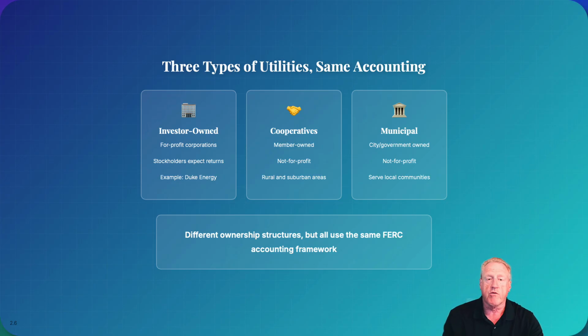Electric co-ops follow what we call the Rural Utilities Service Uniform System of Accounts, the RUS Uniform System of Accounts. It's really just like the FERC Uniform System of Accounts, but it has some quirky differences, and we have a class that covers that as well. So for purposes of this class, we are directing this towards investor-owned utilities and municipal utilities.